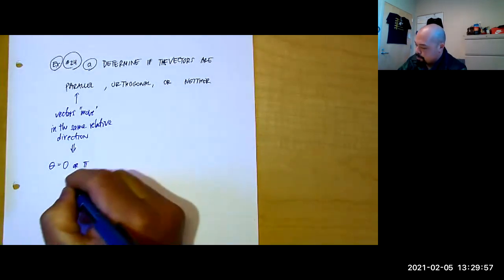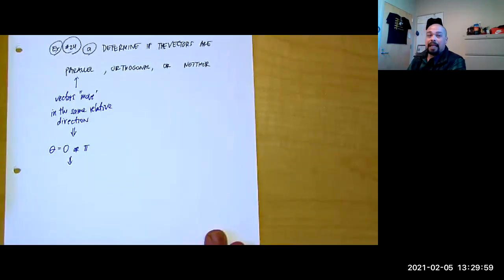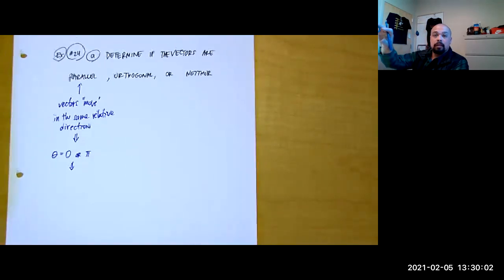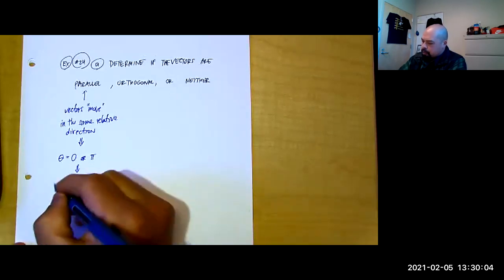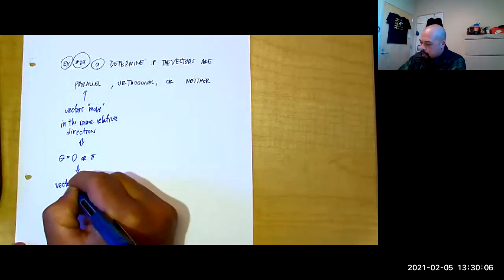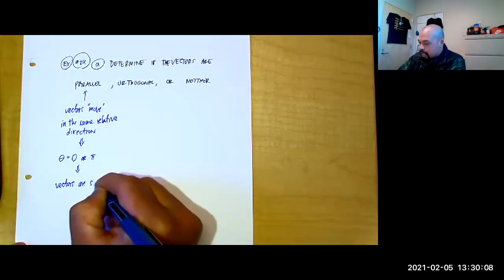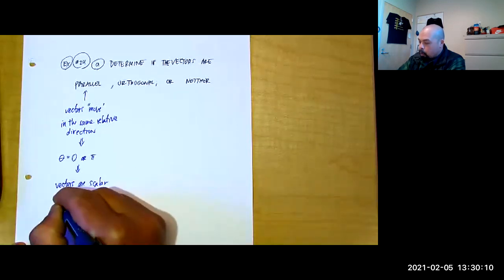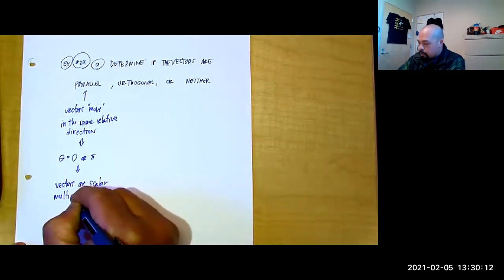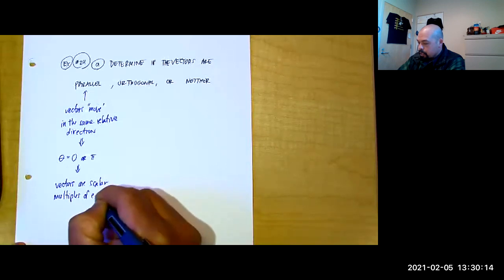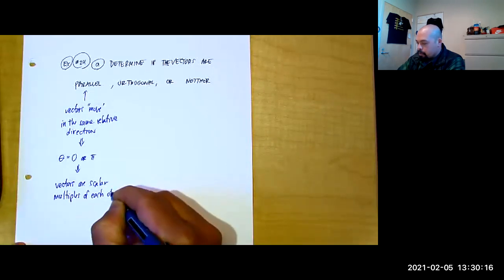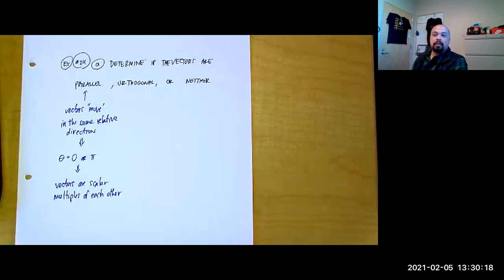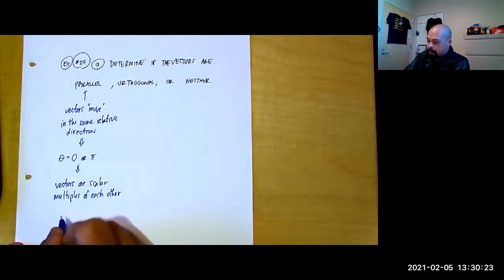Okay. Or another way I kind of check for these parallel vectors, right? That the vectors are scalar multiples of each other. It's just the same vector with some constant stretching, compressing the other vector, right?